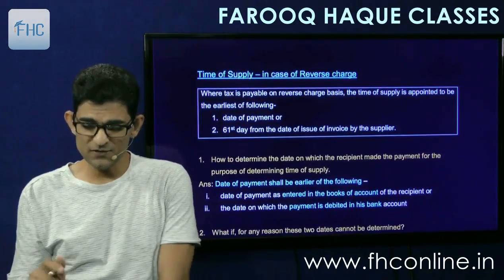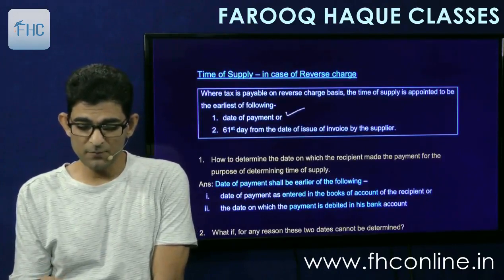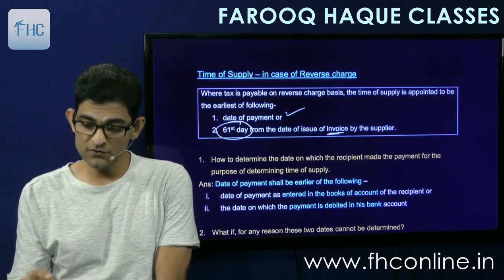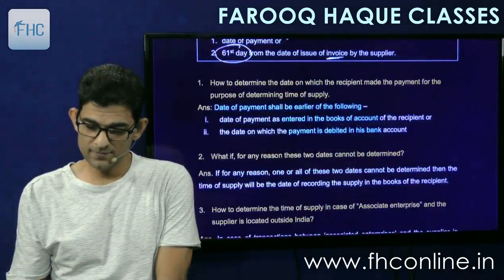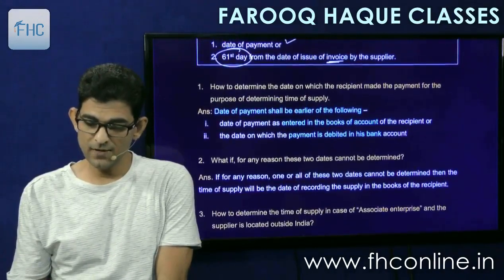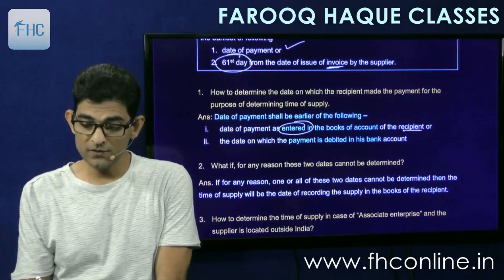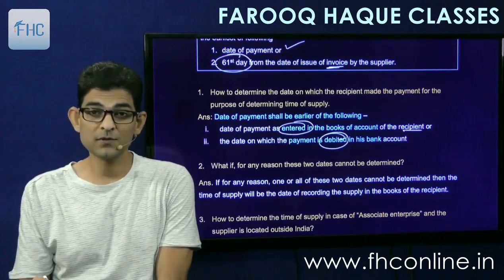Then coming to reverse charge. Reverse charge is simple: the date of payment or the 61st day from the date of issue of invoice. And what is the date of payment? When it is entered in the books of accounts of the recipient, or when it is debited to his bank account, right?